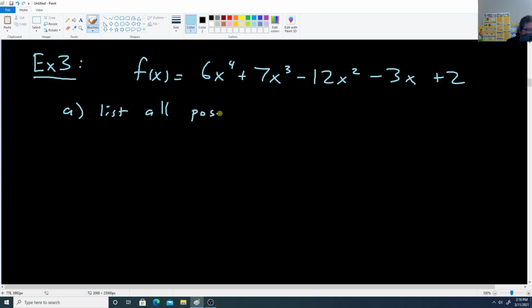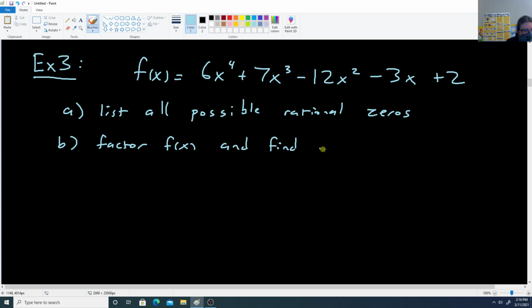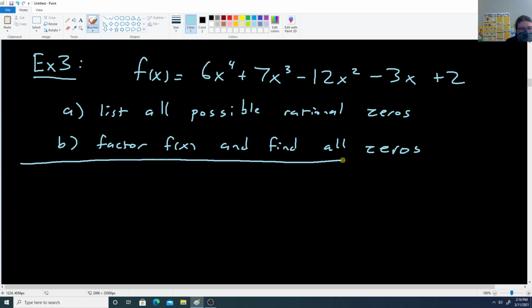So this is where we use the rational zeros theorem. And then part B, they want us to factor f of x and find all zeros. So part A gives us a list of possible zeros, and then in part B they want us to figure out which of those possible zeros actually are zeros.